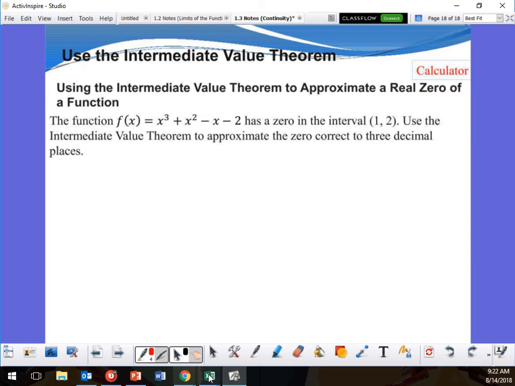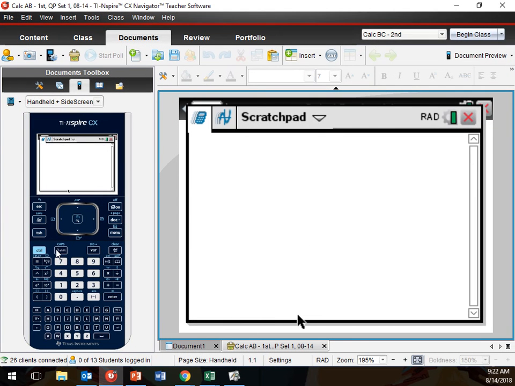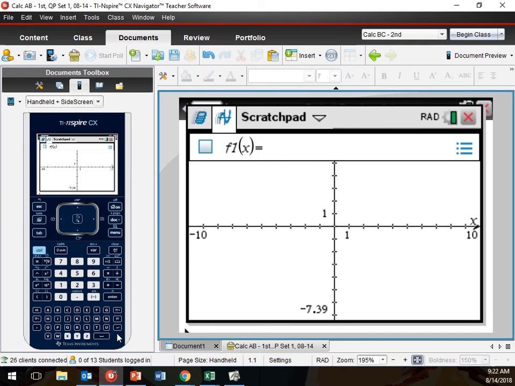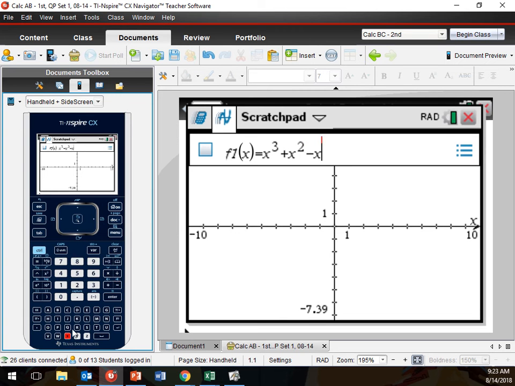Let's see. x cubed plus x squared minus x minus 2.